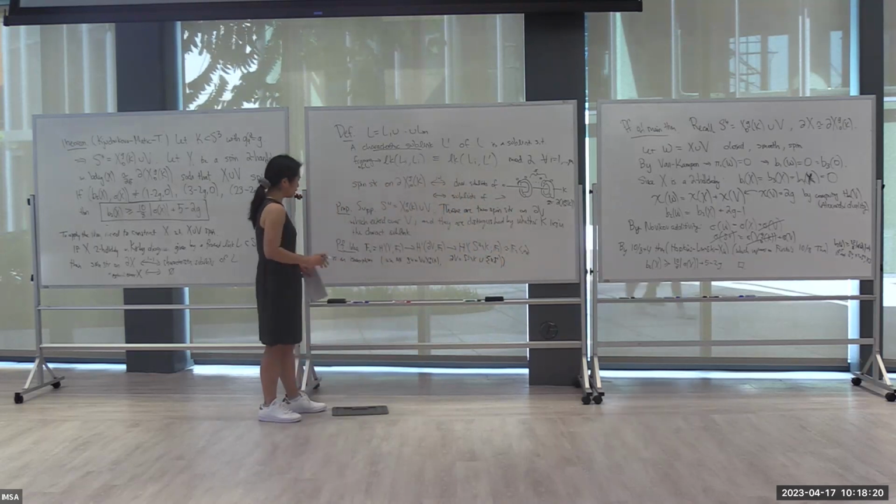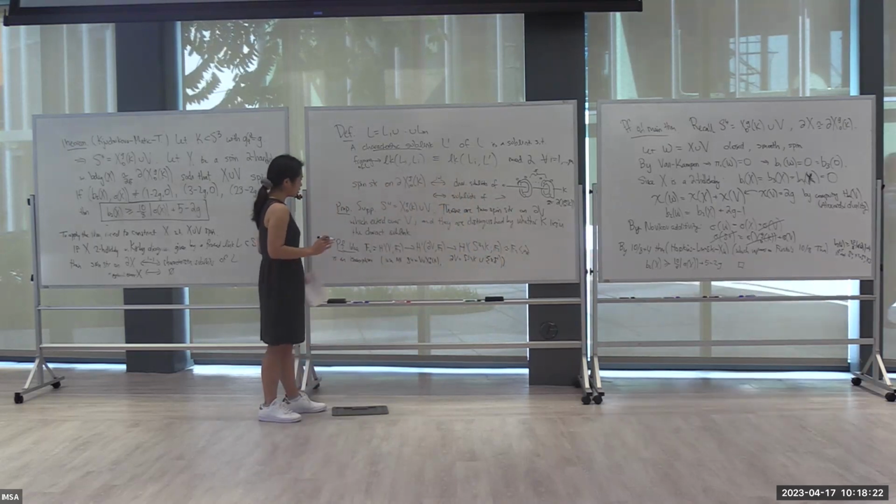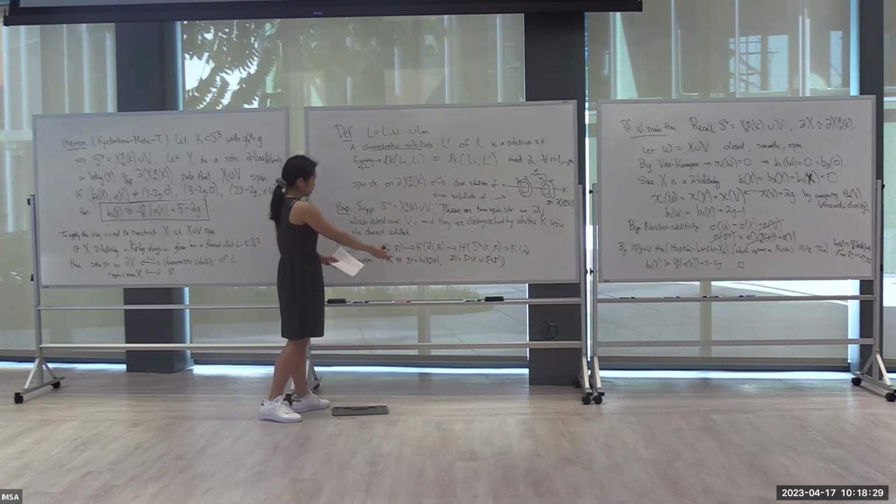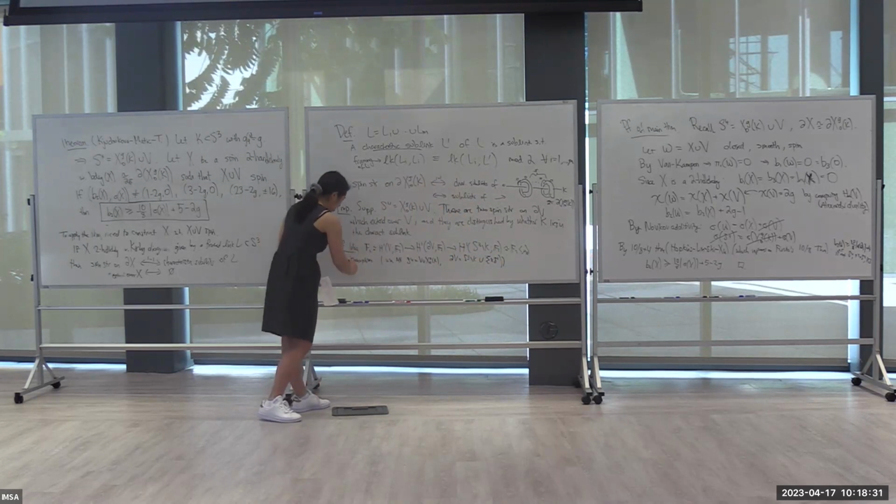And then you can see that this map is an isomorphism, which tells you that there are two spin structures on the knot complement, and both of them will extend over V.